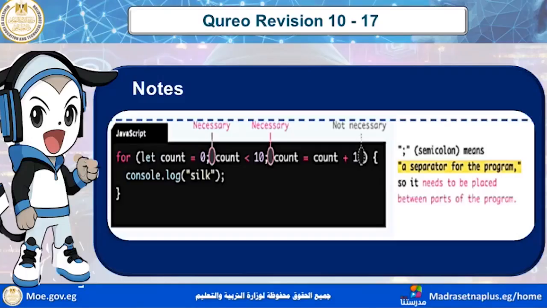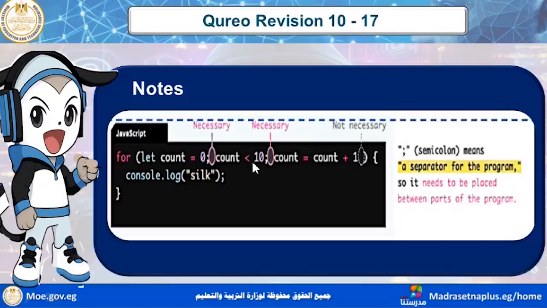We have to separate the parts of the for statement. So we have a necessary semicolon to separate the declaration of the variable and the conditional expression. So we have to write this semicolon, and it is necessary, means it is a must to write it.